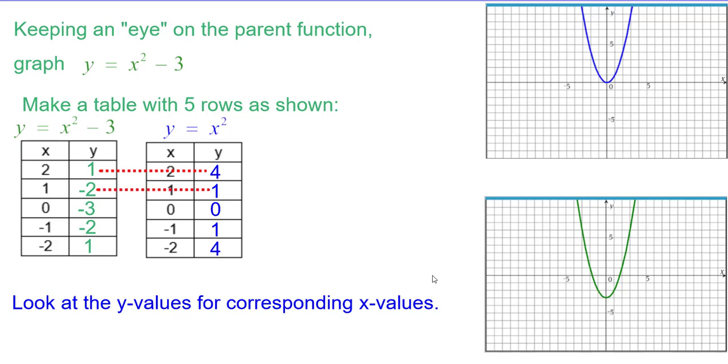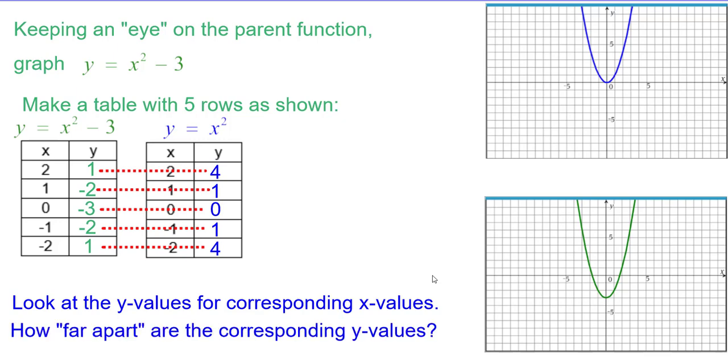When x is 1, and there seems to be a pattern here. And finally, when x is negative 2. So how far apart are the corresponding y values? In each case, the green one is 3 less than the blue y coordinate. They're 3 apart, or you could say they're 3 below what they were before.